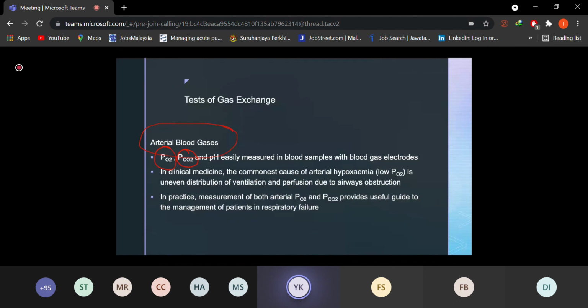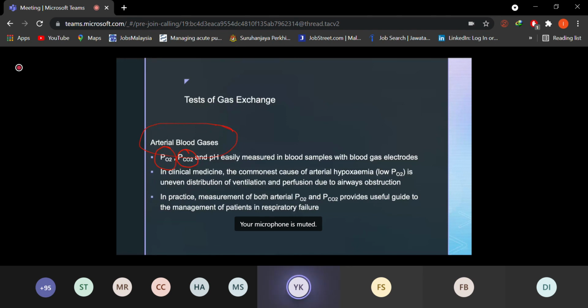In practice, measuring both arterial partial pressure of oxygen and of carbon dioxide provides a very useful guide to managing a patient in respiratory failure, such as patients with COVID-19. For those COVID-19 patients in the ICU, their ABG is always monitored.